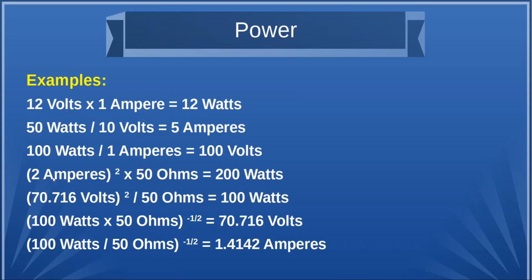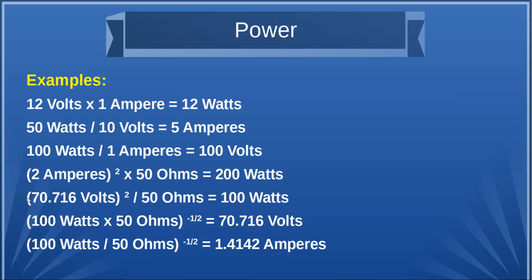If I want watts and I know current and I know resistance, I square the current. So it's 2 amps squared times 50, or 200 watts. Likewise, if I want watts and I know voltage, I square the voltage divided by the resistance and come out with 100 watts.